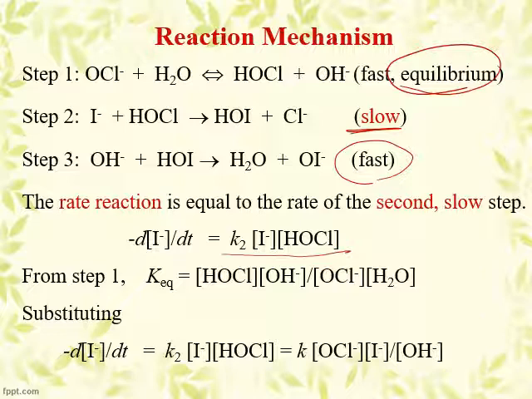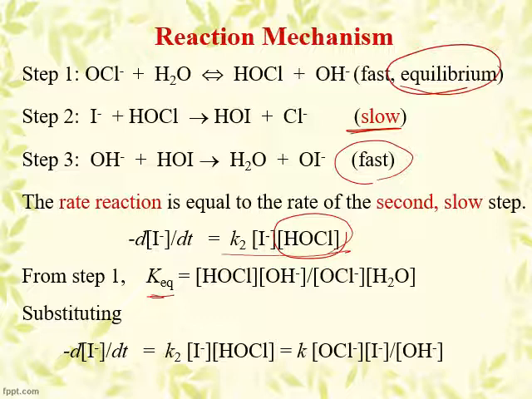Looking back at the proposed rate law, HOCl shouldn't be in the expression, so we have to replace this. How to replace this? Using step 1, which has been simplified here. K equilibrium is equivalent to HOCl OH minus divided by OCl minus H2O.